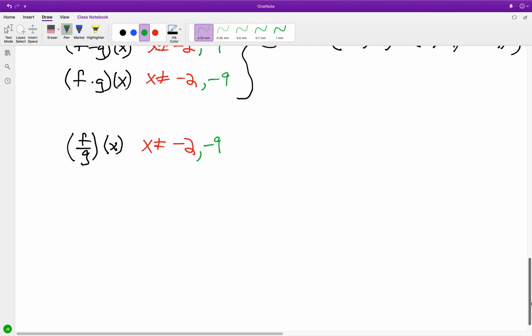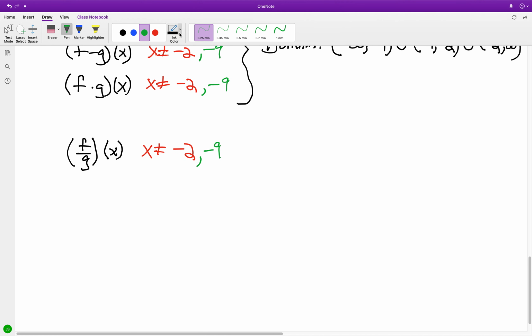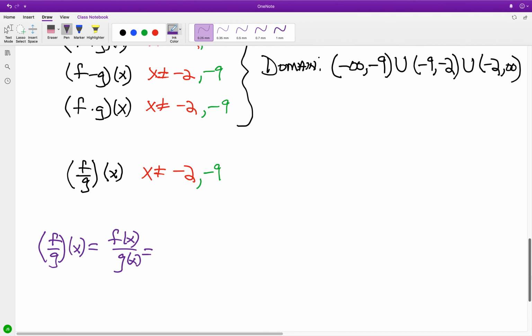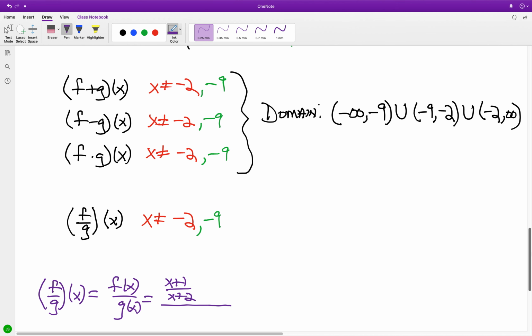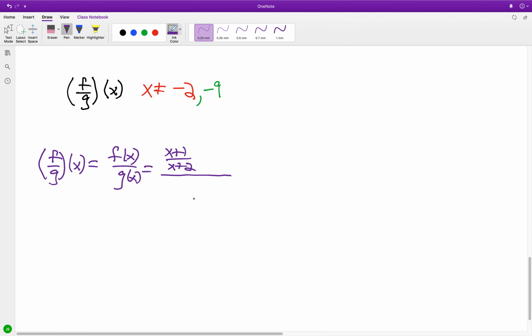Now for f over g of x, we have f of x over g of x. Again, for f of x, we have x plus 1 over x plus 2, and for g of x, we have x minus 5 over x plus 9.